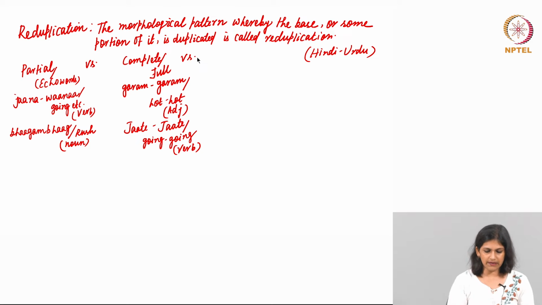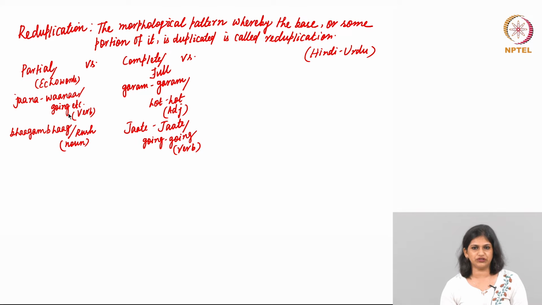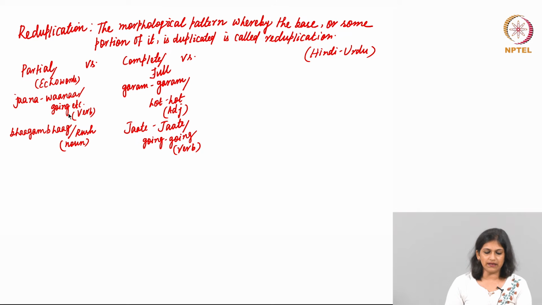I have given some data here, look at the computer screen. It is written jana vana, which means going, etc. So, you see jana vana, the first phoneme j has been changed with va in the second word. So, this is called partial reduplication or the echo word, which means going, etc. Similarly, bhagam bhag.